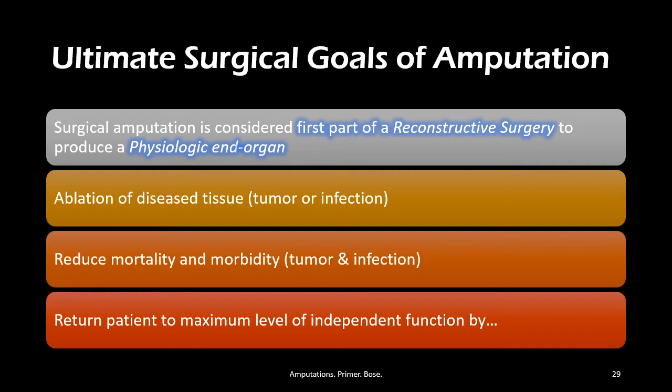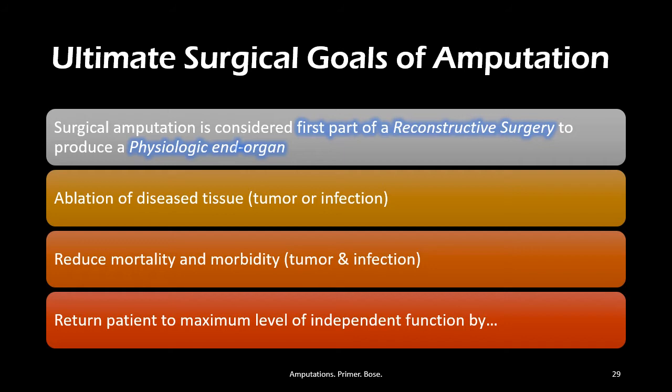The remaining stump must be physiologic, which means it needs to be able to be incorporated with a prosthetic device.